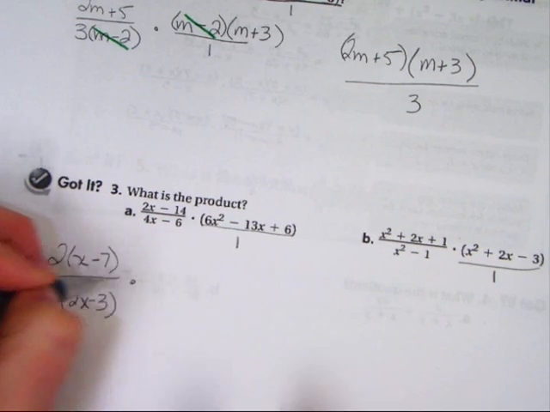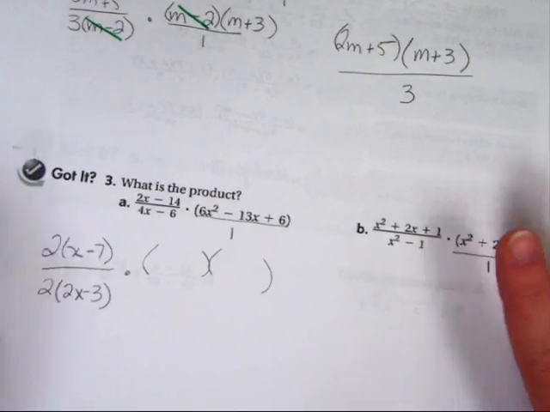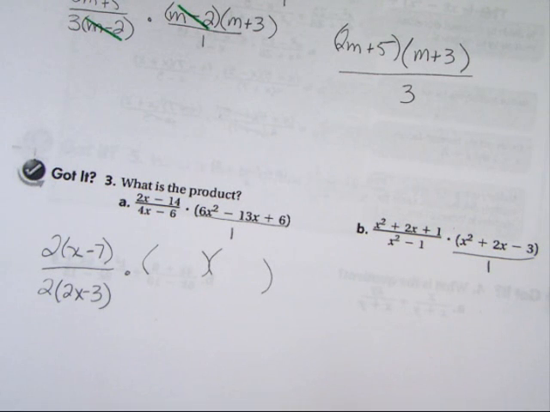Now talk about this top right. There's no GCF, so let's think of some factors of 6 and 6 that can make 13. We can use 2 and 3, we can use 6 and 1.